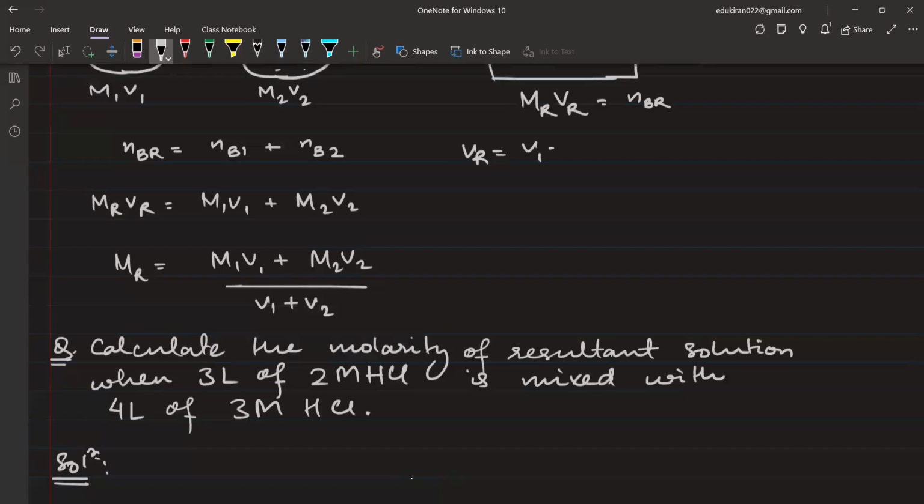VR will be equal to V1 plus V2. Send your answer on Zoom chat.